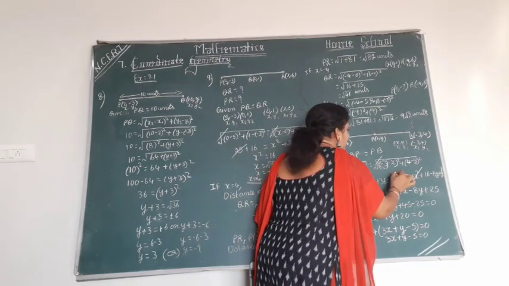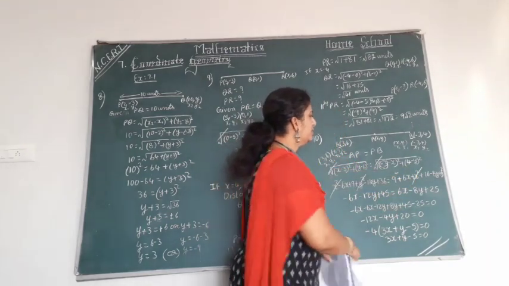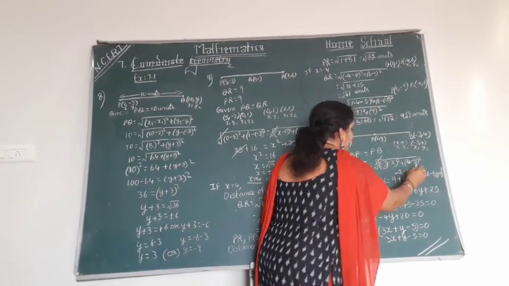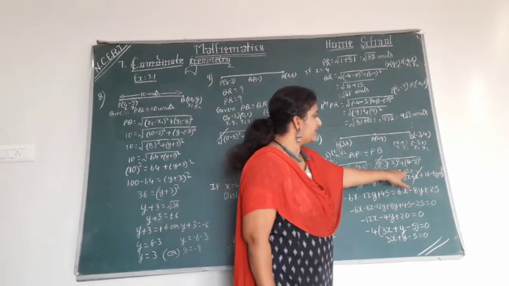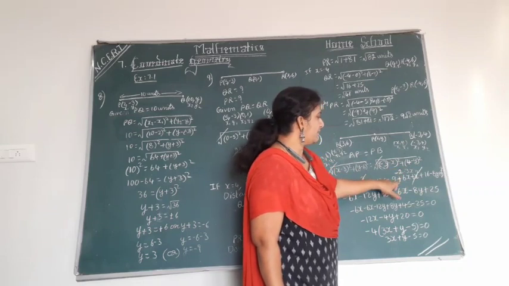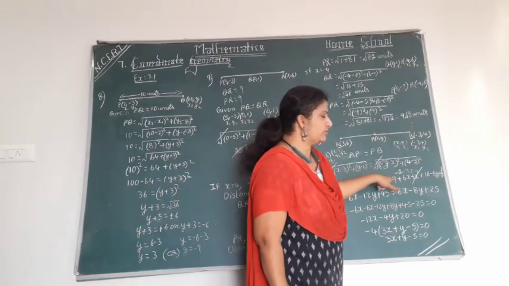Look over here. It is minus 2ab. Minus 2, a value is -3, into x. Minus 2, a value is -3, into x. What happens here? Minus into minus plus, 3 2s are 6x. This is the place you make your mistake.